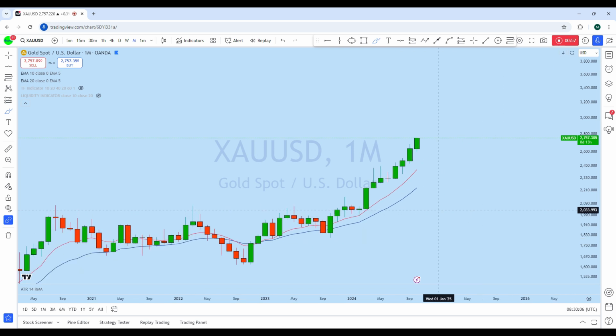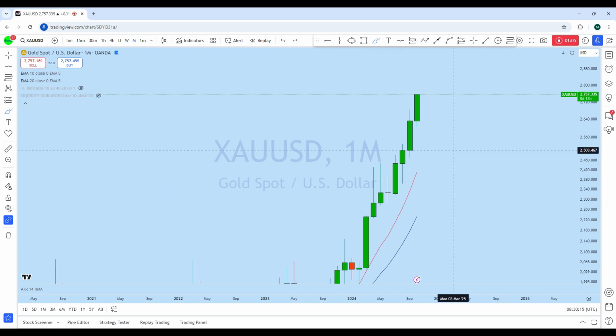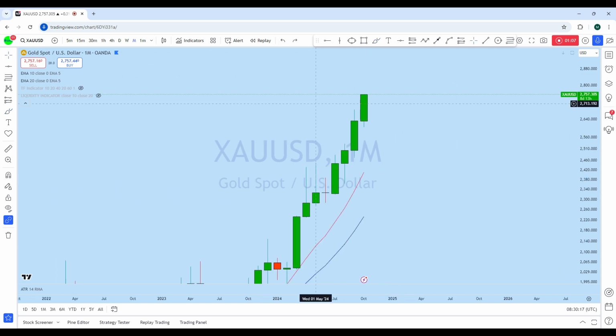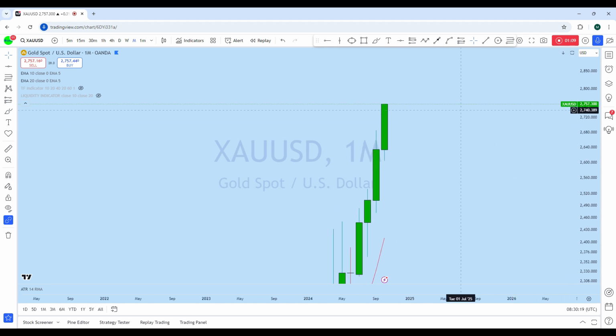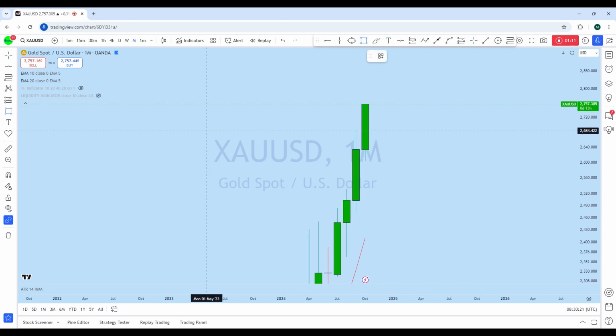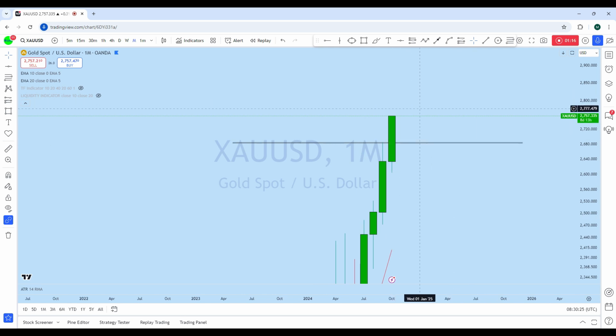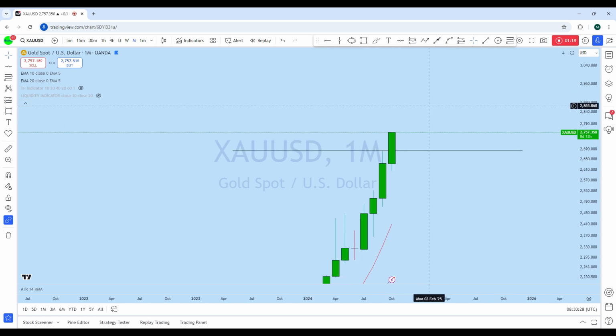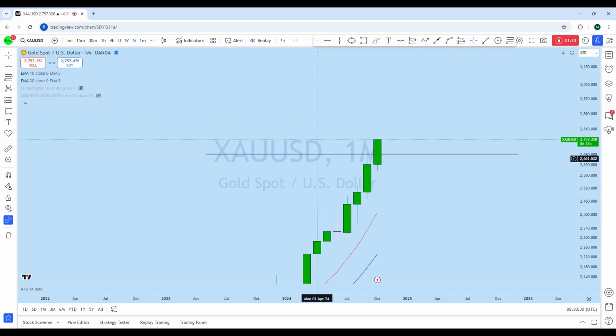From this level there is a bounce followed by a pullback, and we can see that the market is in another impulsive phase. On this monthly candle so far, XAUUSD is currently above this resistance line, and we may see the price continue to rise to create a new higher high.